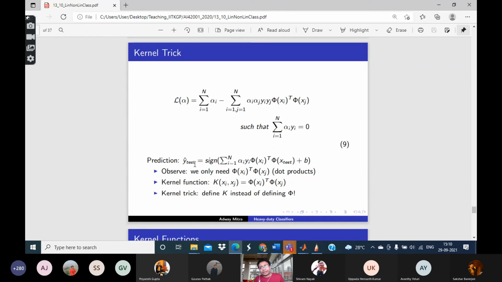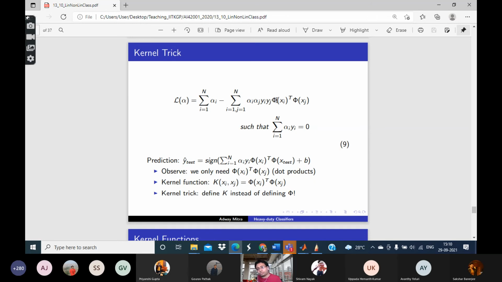The kernel trick is that you do not have to define phi. Why do I not want to define it? First of all, why do I need this phi? Because phi is transforming the non-linearly separable data into a new space where the data is linearly separable, and hence I can do the classification using the SVM.